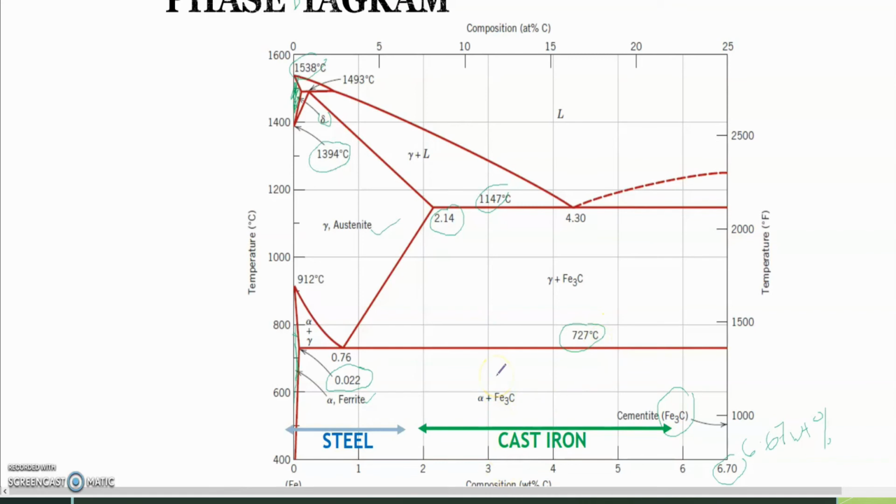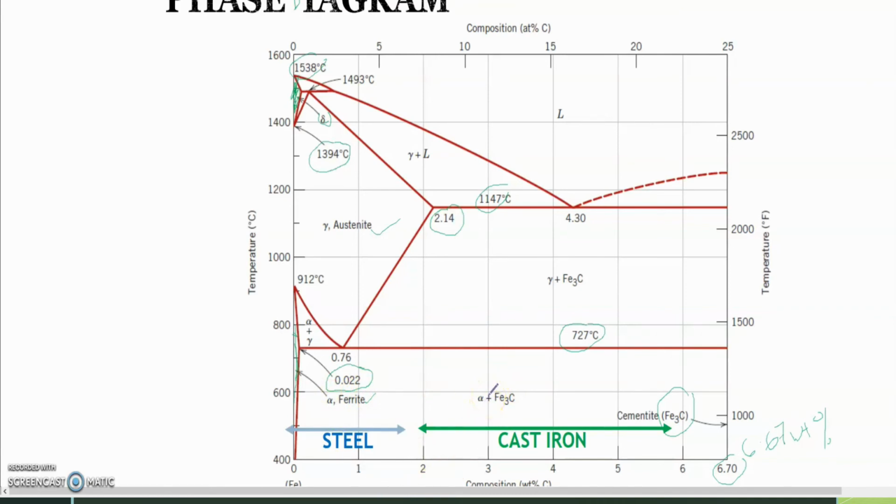Okay, now we move to perlite. Perlite is an alternating layers of ferrite and cementite.